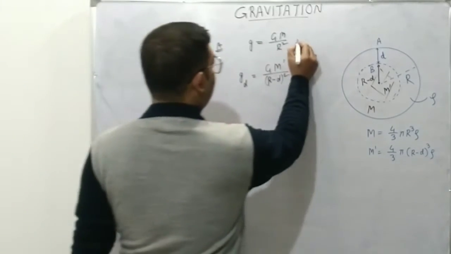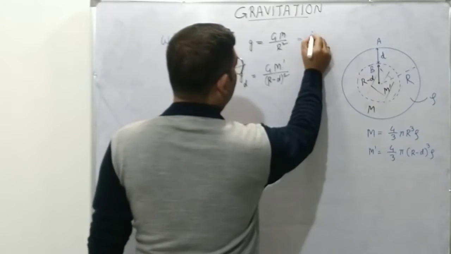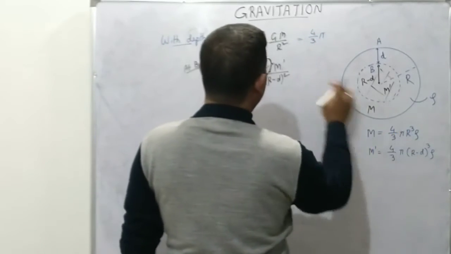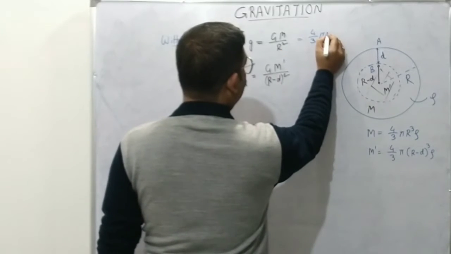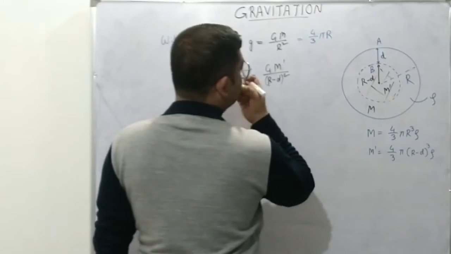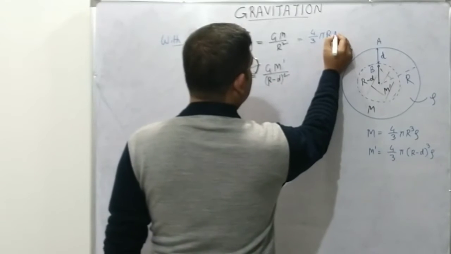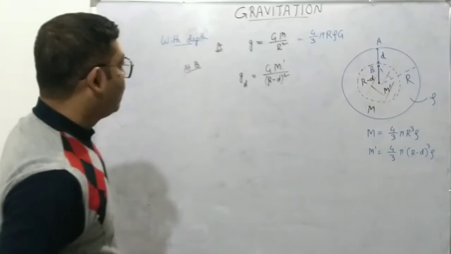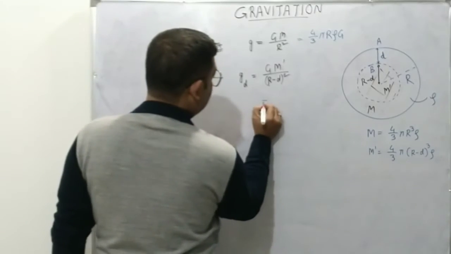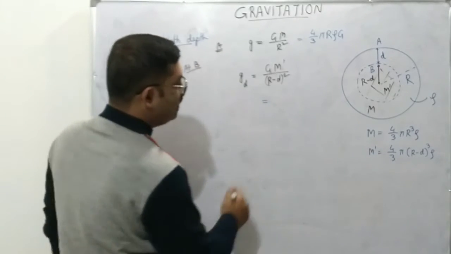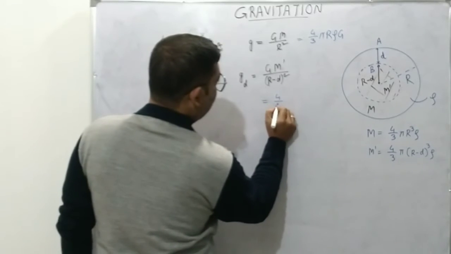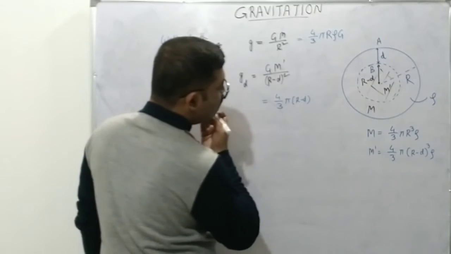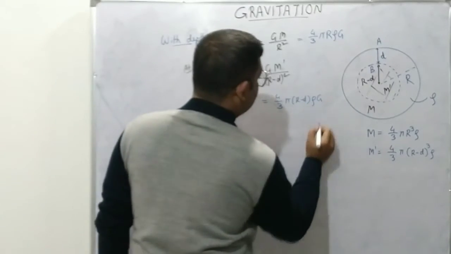Which means g can be written as 4 by 3 pi R cube by R squared, so it will be R rho into G. This will be there, right? And similarly, acceleration due to gravity at this depth will be given by 4 by 3 pi R minus d rho into G.